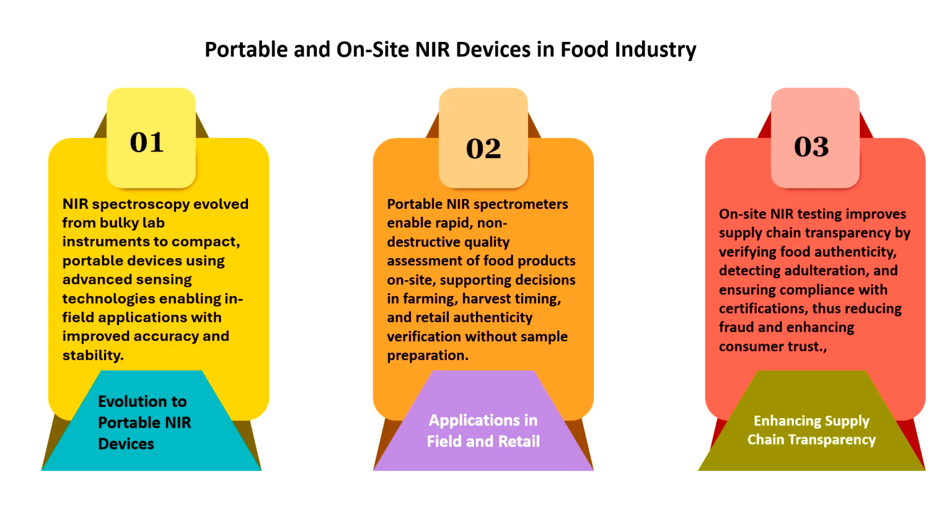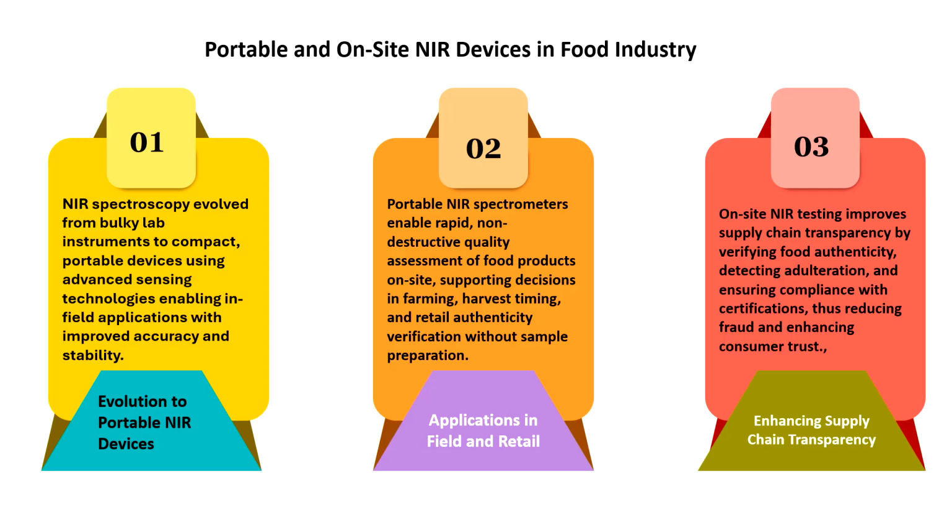On-site NIR testing improves supply chain transparency by verifying food authenticity, detecting adulteration, and ensuring compliance with certifications, thus reducing fraud and enhancing consumer trust.